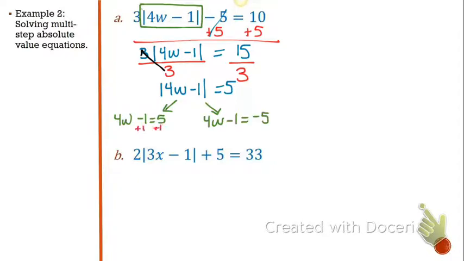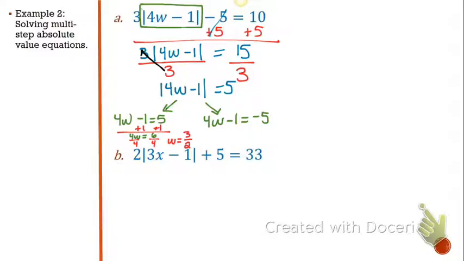So add 1 on both sides. So we're left with 4W equals 6. And then divide both sides by 4. So over here, W equals 6 over 4. If we simplify this fraction, it becomes 3 over 2.